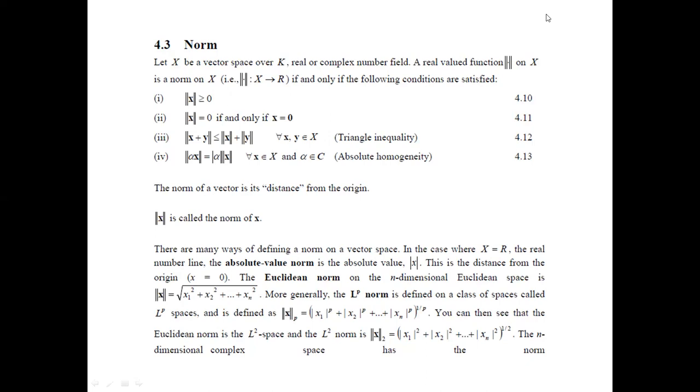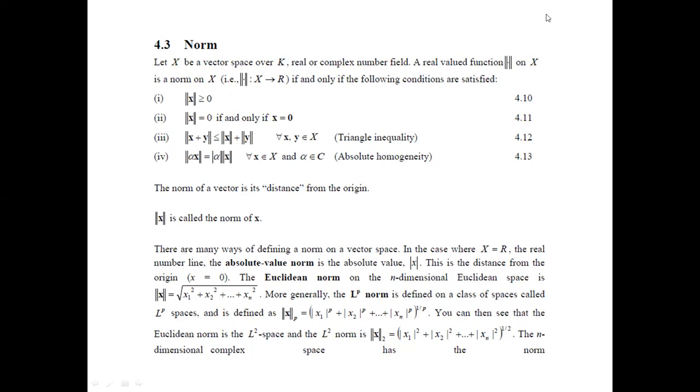That's why everything is raised to the power 1 over p. You can then see that the Euclidean norm is the L2 norm, which is equal to absolute value of x1 squared plus absolute value of x2 squared up to plus absolute value of xn squared, all raised to the power half.